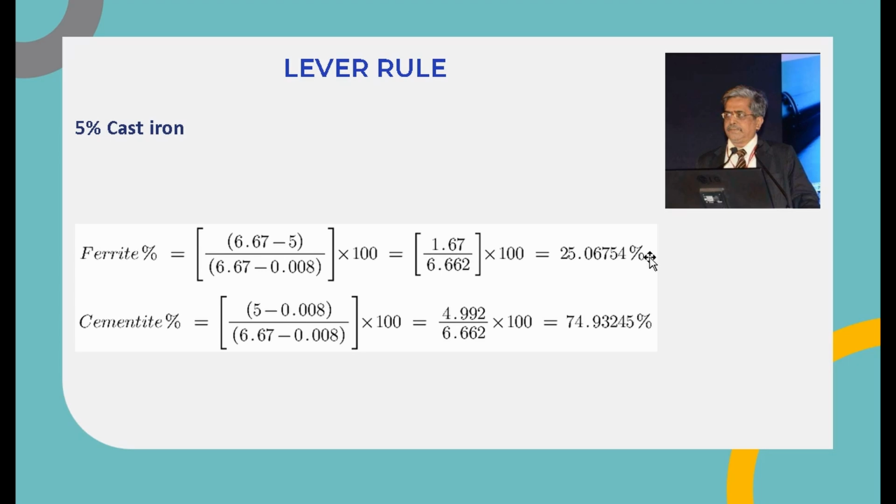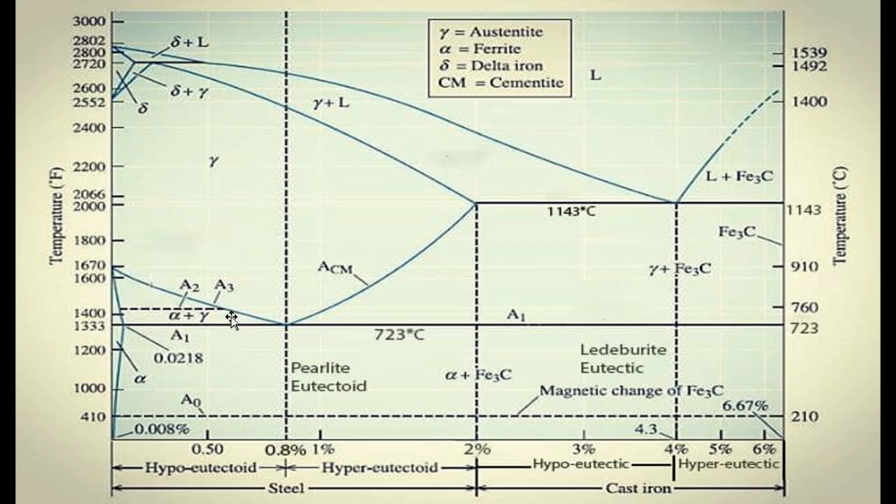If I intend to know the cementite percentage, you come here in the diagram. At 5% carbon cast iron, if I intend to know the cementite fraction, I will take the branch opposite to cementite but touching ferrite. So 5 minus 0.008, divided by the total distance 6.67 minus 0.008.